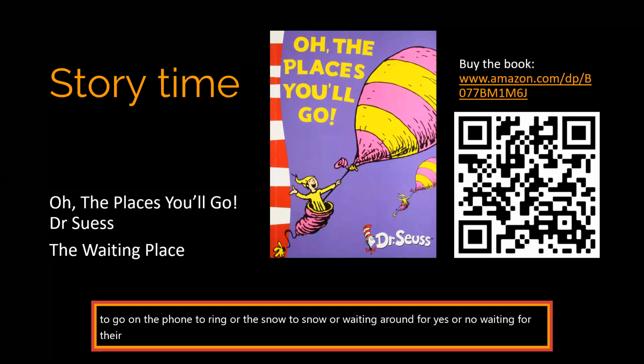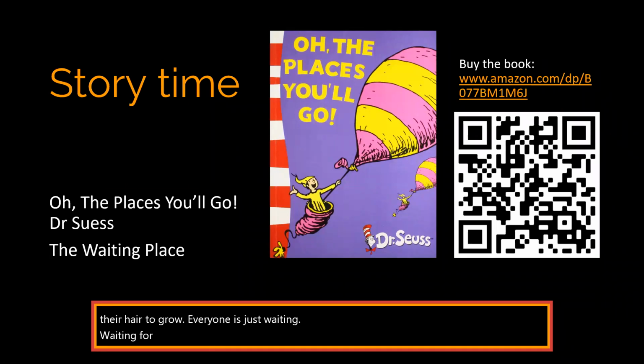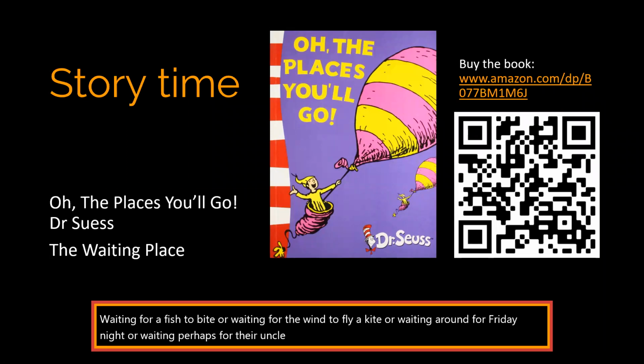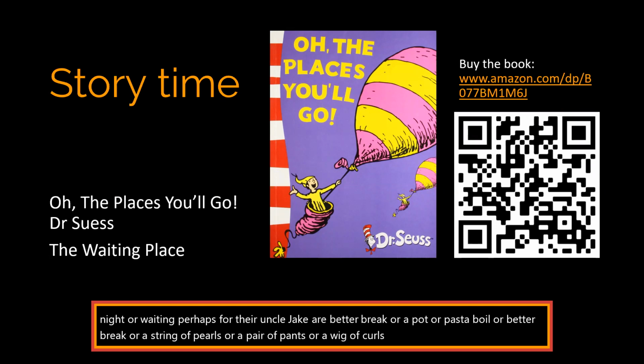Everyone is just waiting. Waiting for a fish to bite, or waiting for the wind to fly a kite, or waiting around for Friday night, or waiting perhaps for their Uncle Jake, or a better break, or a pot of boil, or a better break, or a string of pearls, or a pair of pants, or a wig of curls, or another chance. Everyone is just waiting.